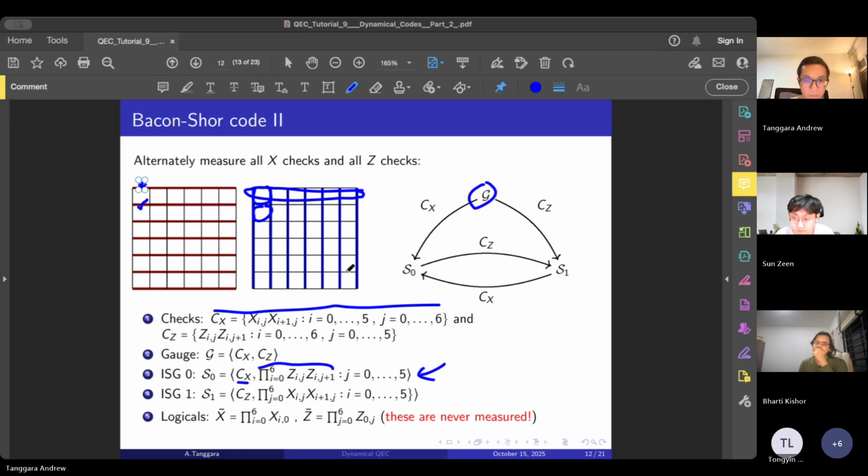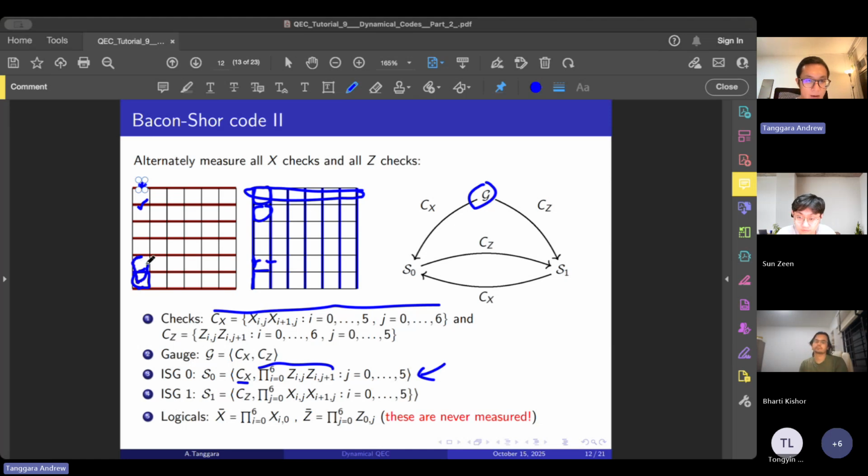So that's what I did. First, I measure all the X checks. Then what happens if I measure all the Z checks? If I measure these Z checks, then that anti-commutes with those two. So now I have this 4-qubit X check. And then I measure these Z checks, like these two.